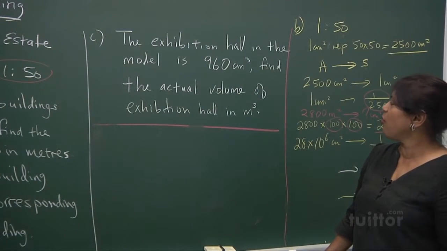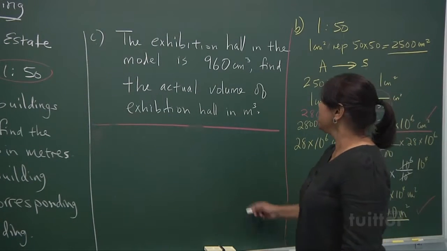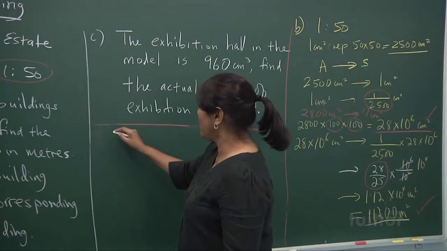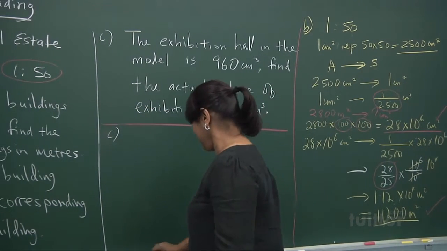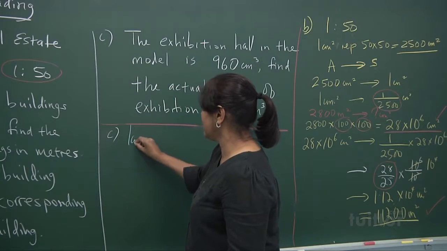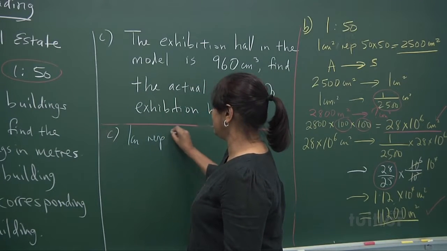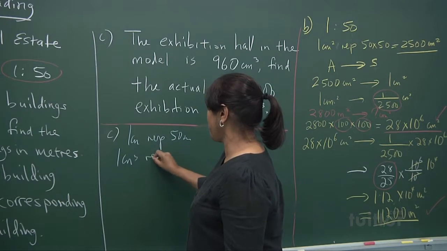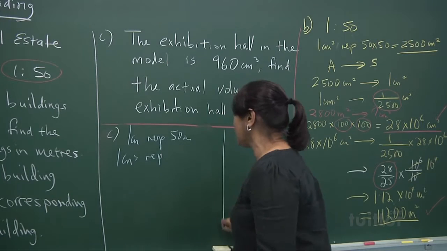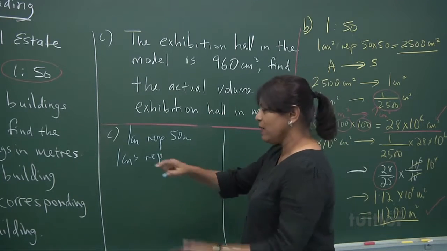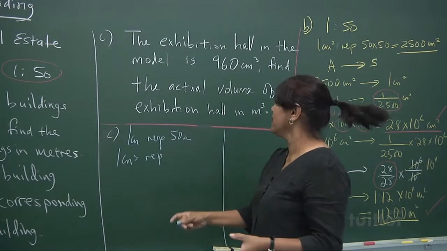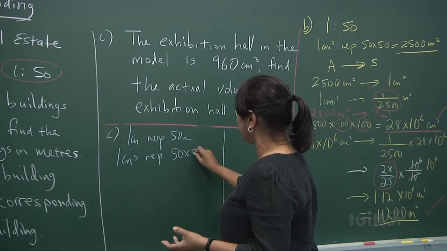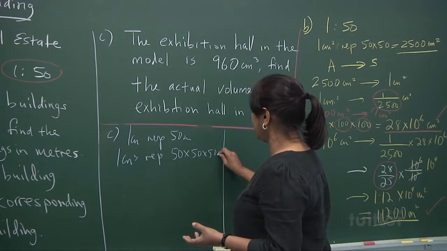Now the exhibition hall is 960 cm cube. Now what is given? 1 cm represents 50 cm. So 1 cm cube will represent 50 times 50 times 50, right? 1 cm, 1 cm, 1 cm, the height. So 50, 50, 50. Can you tell me what that will be?